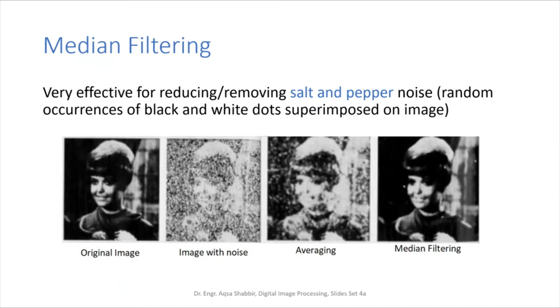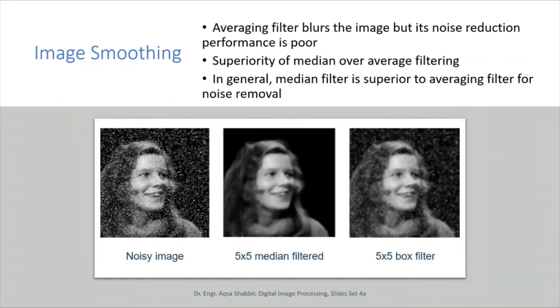The example over here again illustrates that while the averaging filter blurs the image, its noise reduction performance is rather poor. Now the figure on the left is a noisy image. The figure in the middle is a 5 by 5 median filtered image, and the figure on the right is a 5 by 5 box filtered image.